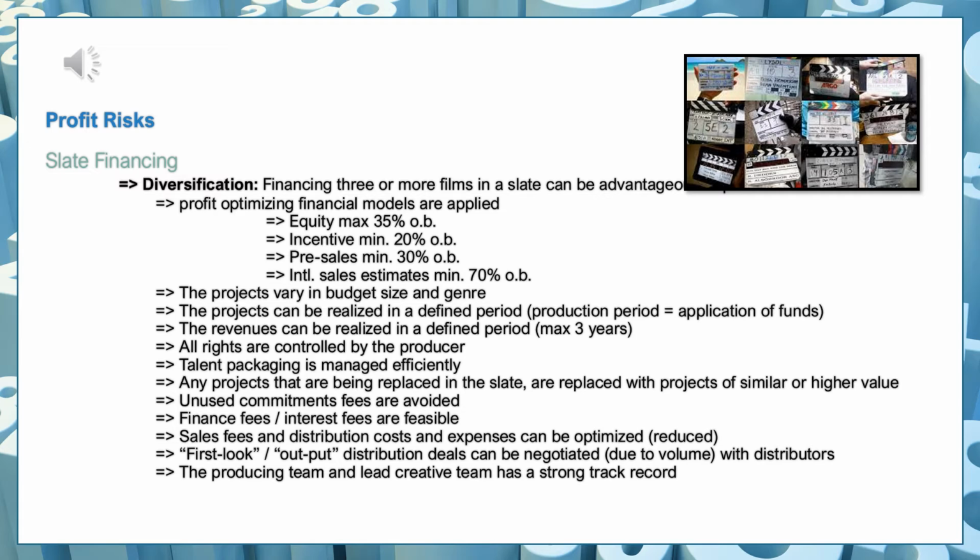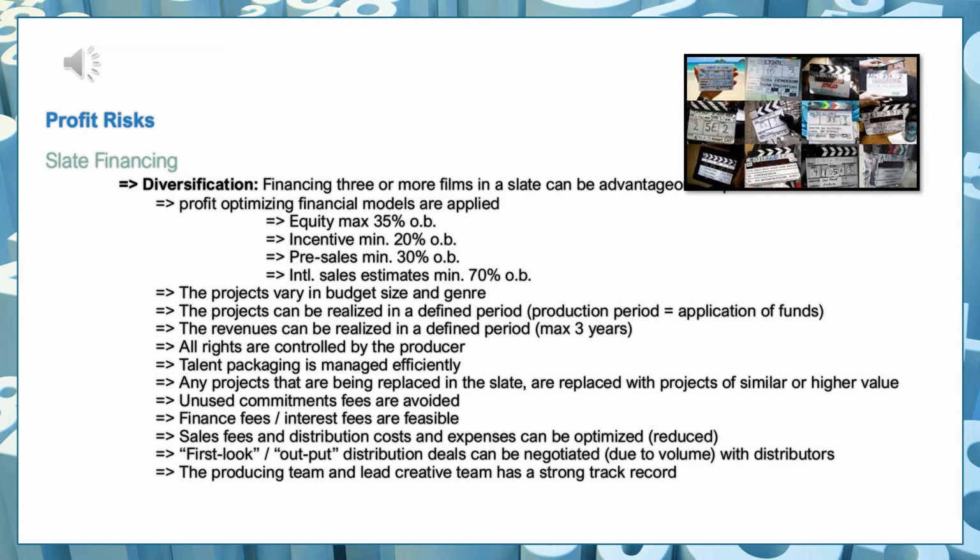I'm going to put the slate together in a way that I know that the movies or the TV series I have put in there can be going into production within the next 1 or 2 years. Maximum would be 3 years, so that I can diversify the funds and use the revenues to produce other projects in the slate as well.